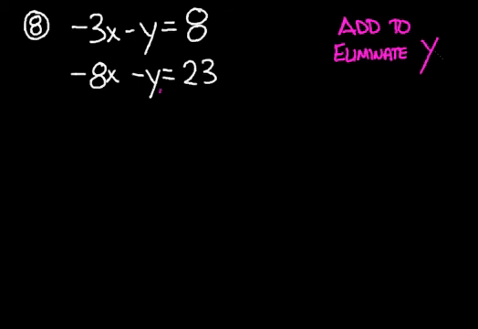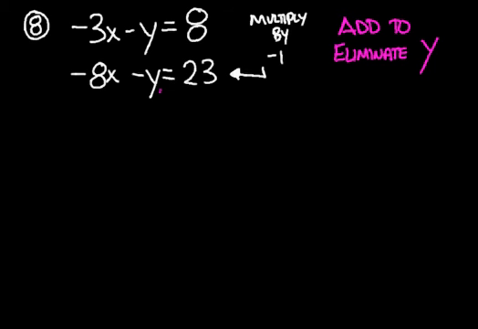So now this is up to you. Which one do you want to make a positive? Does not matter. I am going to pick the second one. We're going to multiply by negative 1 and see what it turns into.